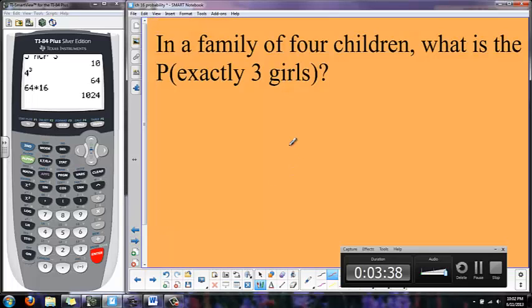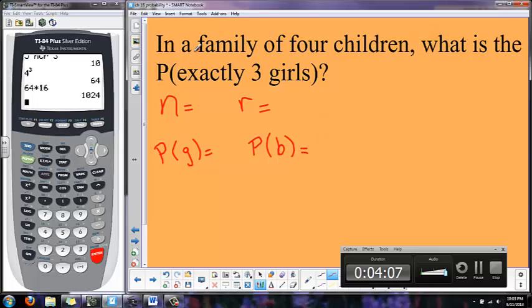moving on. In a family of 4 children, what is the probability that you get exactly 3 girls? Okay, so we're going to set up this question exactly the same as we did before. I want to know what N is. I want to know what R is. I want to know the probability of success, which in that case is that I get a girl, and the probability of a failure, which is not a girl, or in this case a boy.